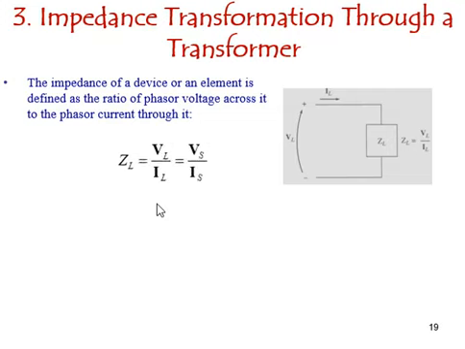As we know, impedance is equal to voltage over current, Z is equal to V over I. In this case, Z of L is equal to V of L over I of L.